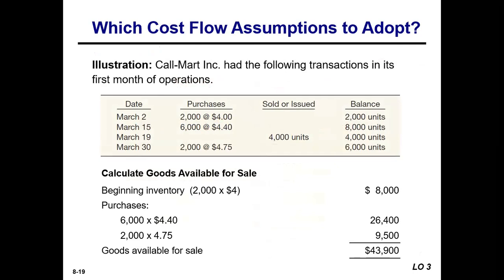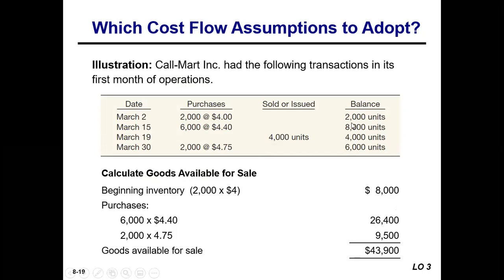March 15th, we purchased 6,000 units at $4.40 each. Just like it's showing us down here, 6,000 units times $4.40 each would be 26,400. So we had 8,000 to begin with, plus 26,400, that would have been our cost so far.